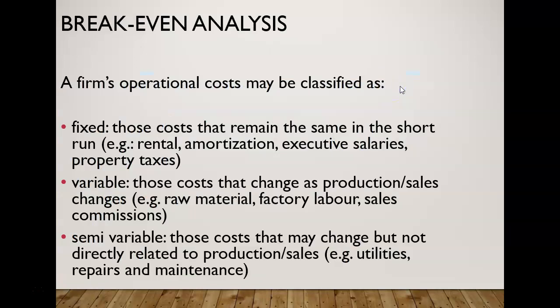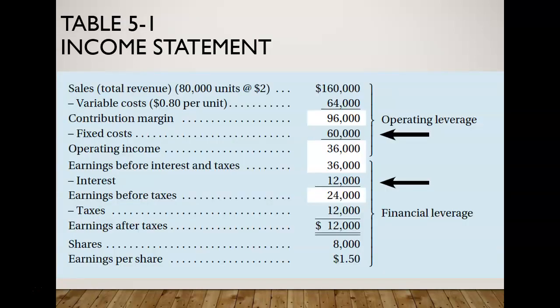So if we have sales, let's say of 160,000 in this case, then from sales we normally take our cost of goods sold, and then we come to our gross profit, from which we will take our operating expenses, and then we come to earnings before interest and taxes, otherwise known as operating income.